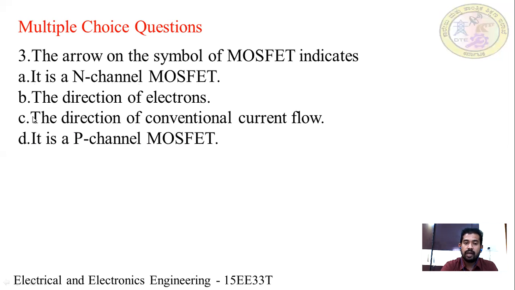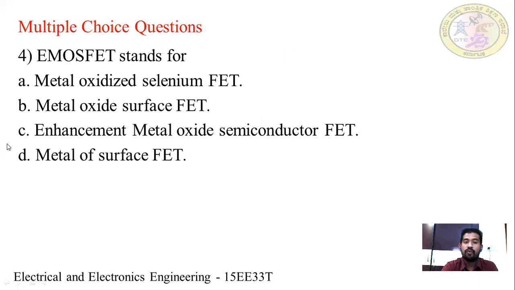Let me check the answer. The answer is B, the direction of electrons. When we discussed the symbols of MOSFET, we saw that the arrow on the symbol of MOSFETs indicates the direction of electrons. Let me go for the next question, the fourth question.